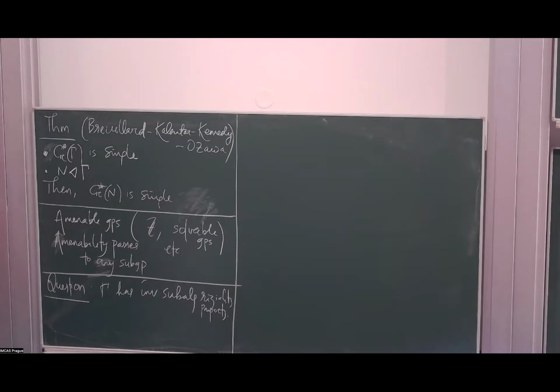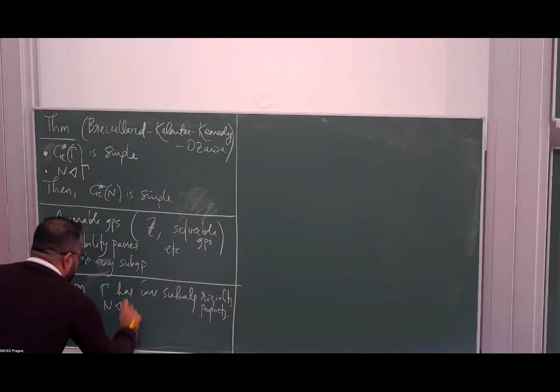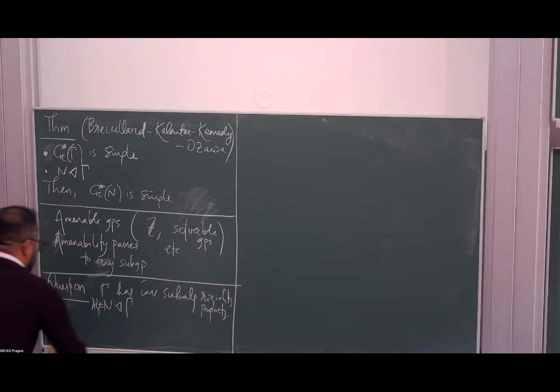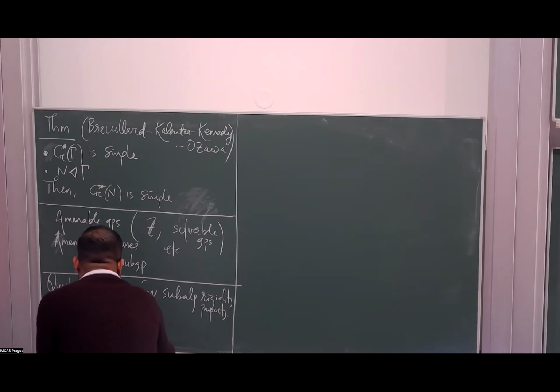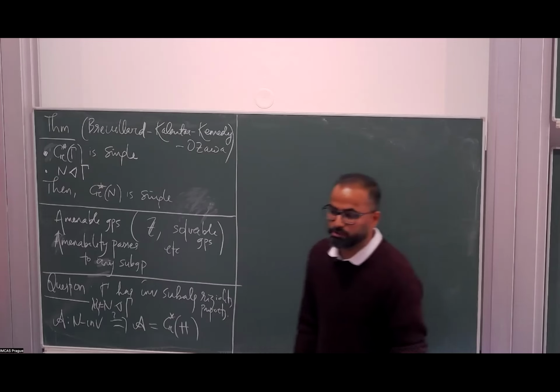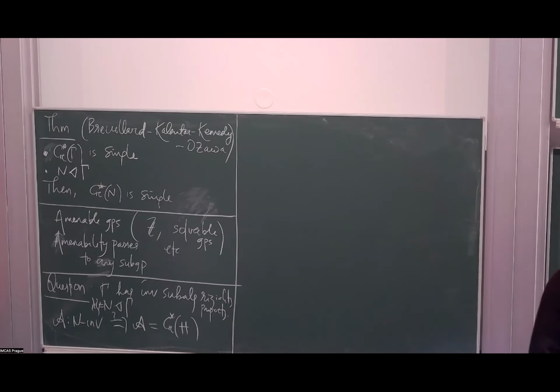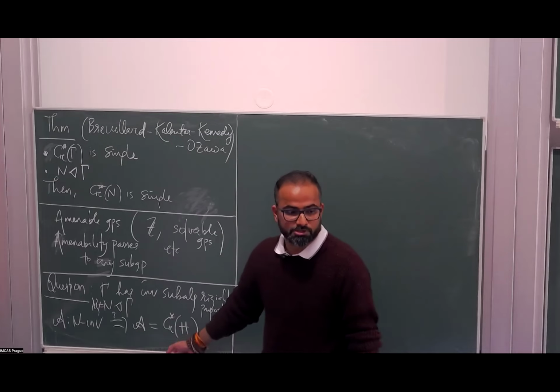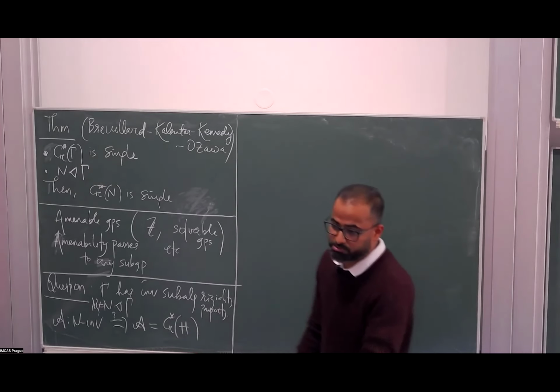So in particular, I pick N a normal subgroup of my group gamma which is non-trivial, and I pick A which is N-invariant. Does this imply that A itself must come from a subgroup? This is a much stronger question than the original question that I asked. So instead of being invariant under the group elements, I am asking, is it just invariant under some normal subgroup, which is non-trivial? Is it enough to conclude that it must come from a subgroup?